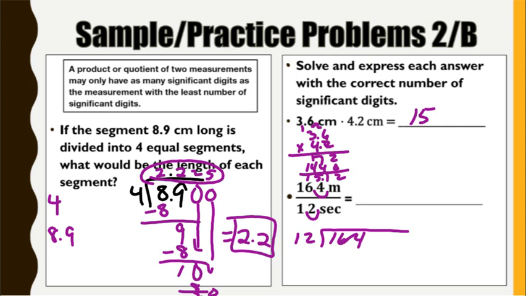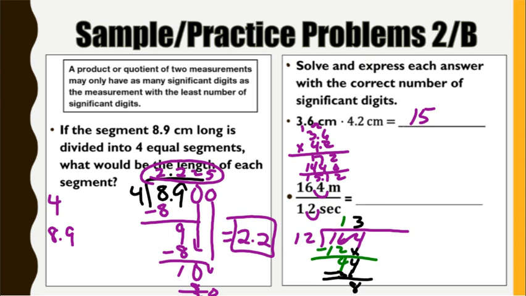12 goes into 16 one time. 1 times 12 is 12. You have 4. 12 goes into 44 3 times. 3 times 12 is 36. Subtract and you get 8.